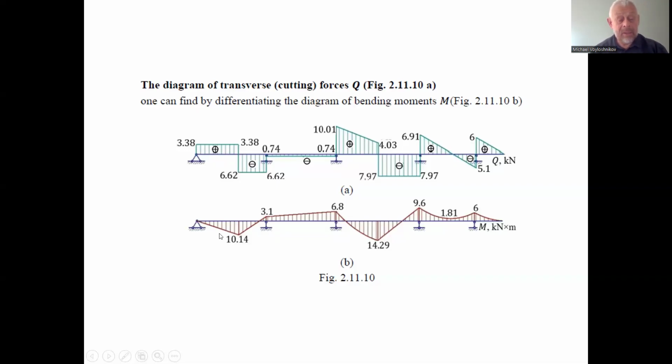After that, the bending moment diagram linearly increases to 0 from minus 10.14.